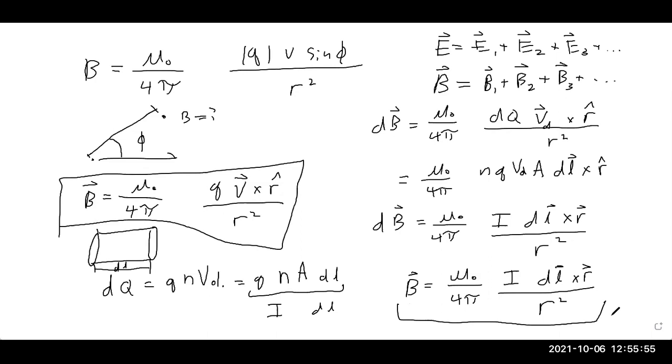So the R vector is from you to the stream of particles? Am I understanding that correctly? From the wire to you, or from where the measurement is being made. Oh, okay, okay. Then I just had it backwards.